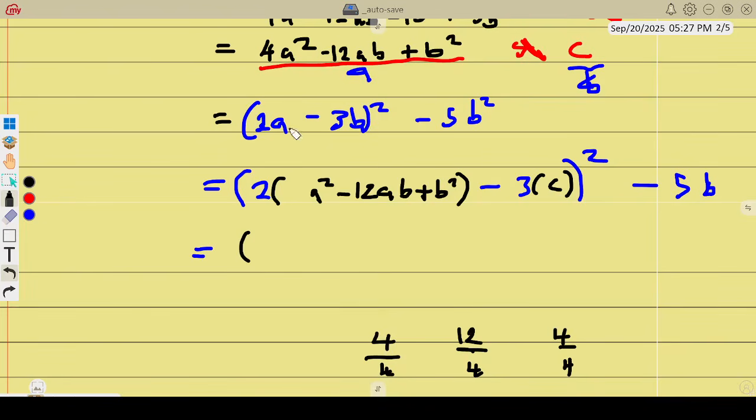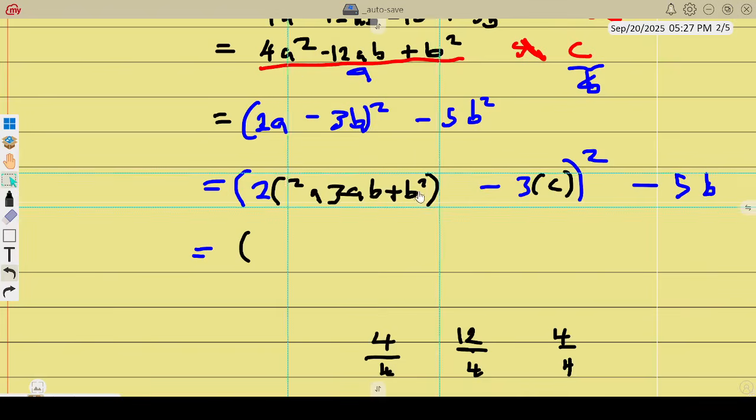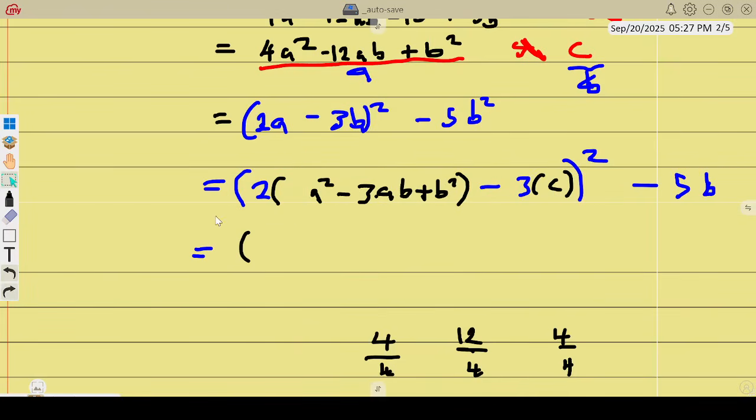So 4 divided by 4 is 1, 12 divided by 4 is 3, and here it is just 1. Initially I was supposed to write 4A, that was a mistake. So we've just simplified this part so that solving is not so complicated. Yeah, so we proceed.